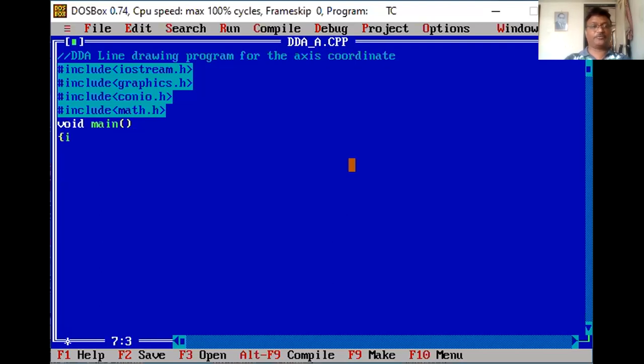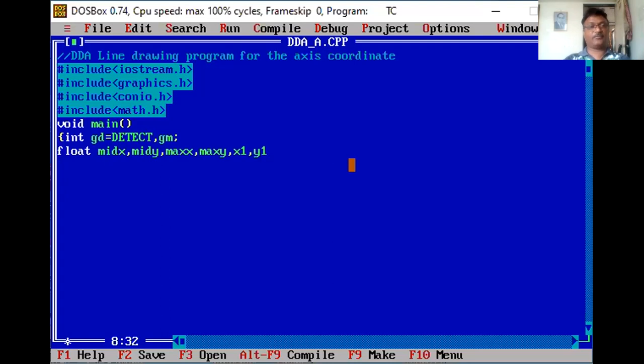First of all, I am using int gd is equal to DETECT. That will detect the graphics driver, and then gm, graphics mode. So whenever you are going to start, you have to use this graphics driver, graphics mode. Suppose I am using midx, midy, and then maxx, maxy. This is my maximum value of x and y.